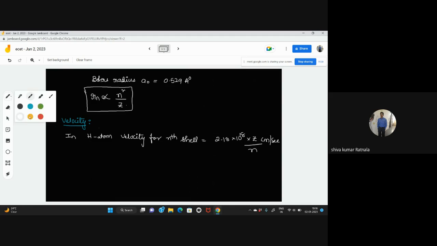And next one, limitations of this Bohr's theory.